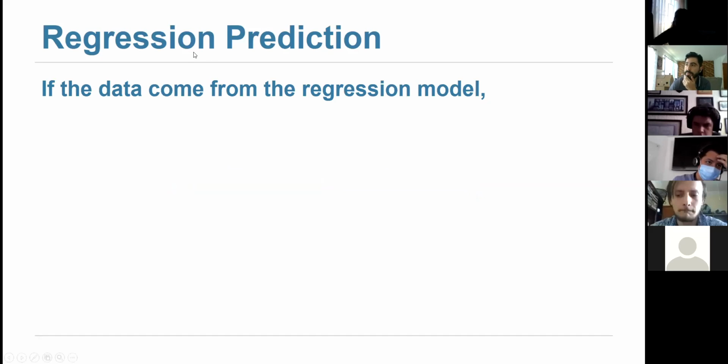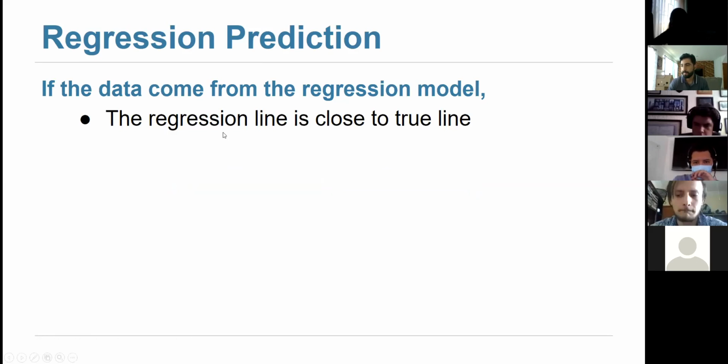So for regression prediction, what we can do is, if the data comes from the regression model, the regression line is close to the true line. Basically, if our sample is large enough, it is close to the population.